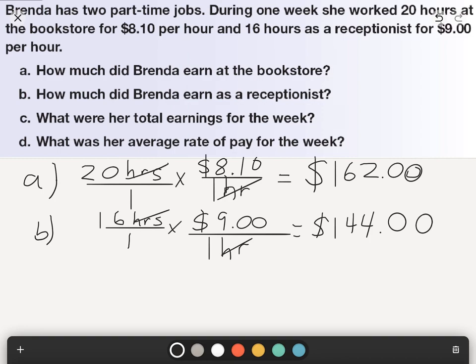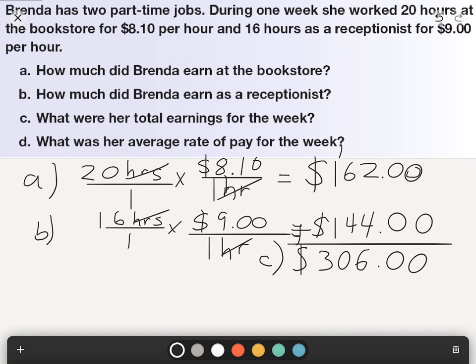And then for C, I'm going to put my C right here, because I just add them together for C. What were her total earnings for the week? And really, these zeros at the end are sort of silly, but okay. And so then $306. Is that good? No, that's terrible.